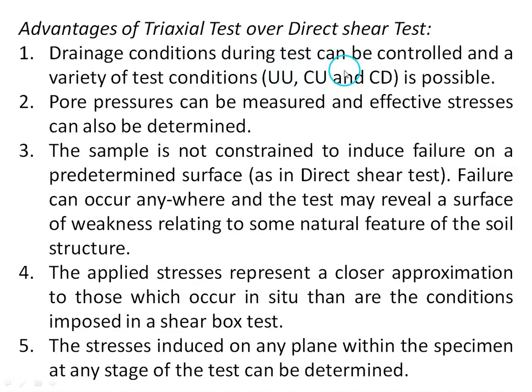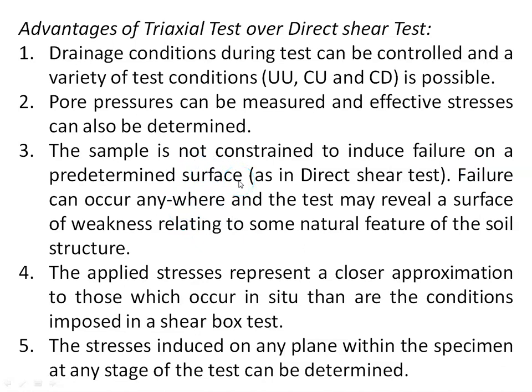UU and CU are called undrained tests and CD is called a drained test. If pore pressures are measured for these undrained tests, they are called UU bar test and CU bar test.